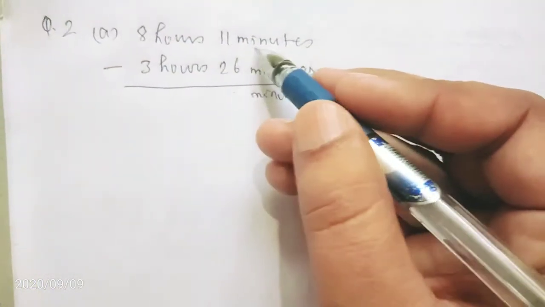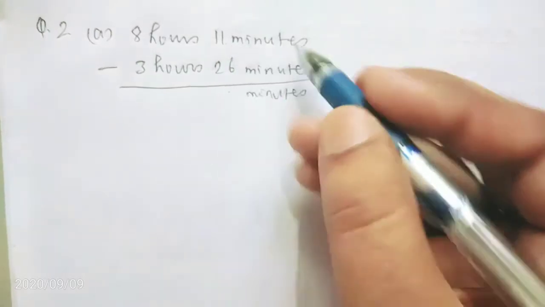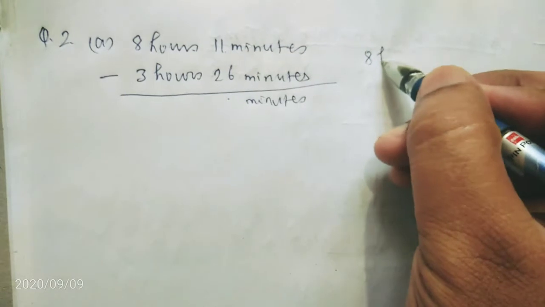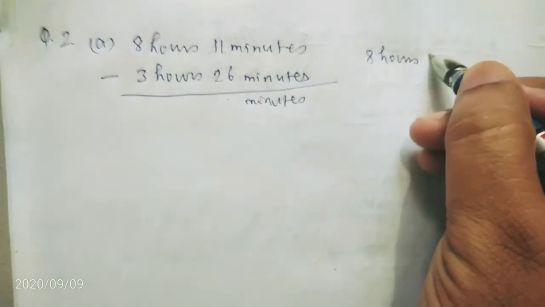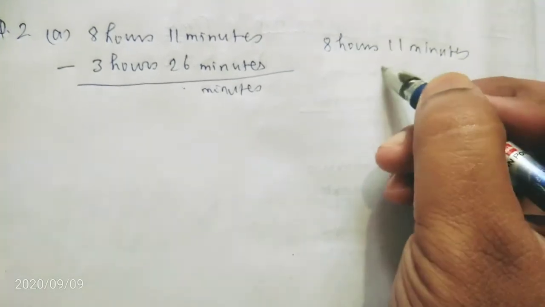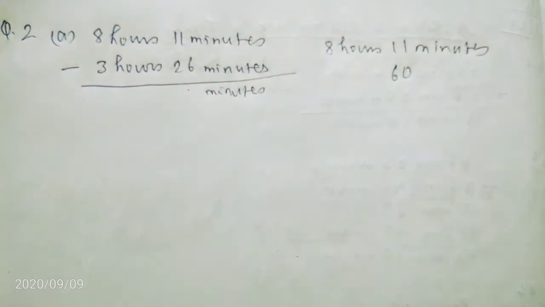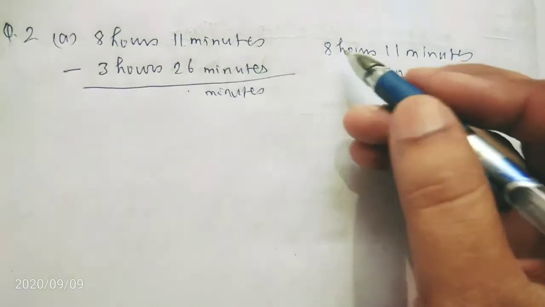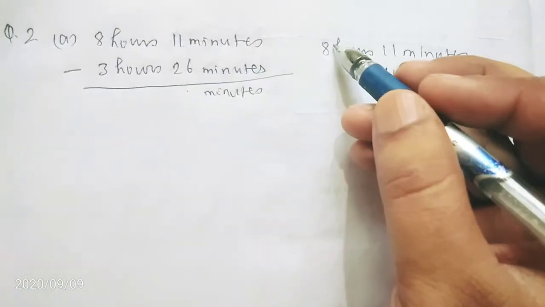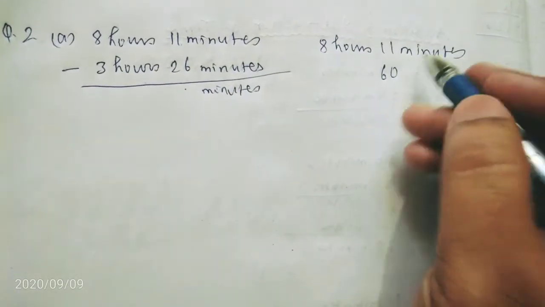So what you do, the technique is, you will add 60 to this 11 minutes. So 8 hours and 11 minutes, here you have to add 60 to this minute, because what I told you, you have to borrow from this hour. 1 hour you have to borrow. 1 hour means 60 minutes.